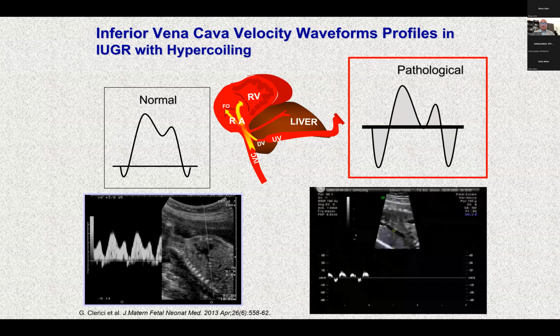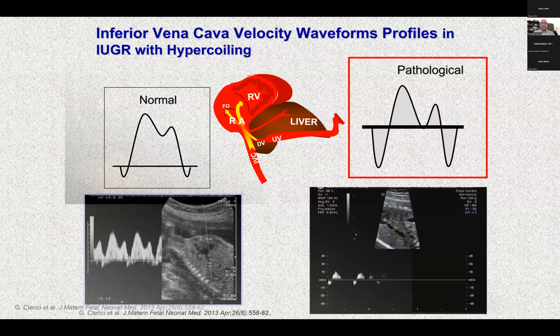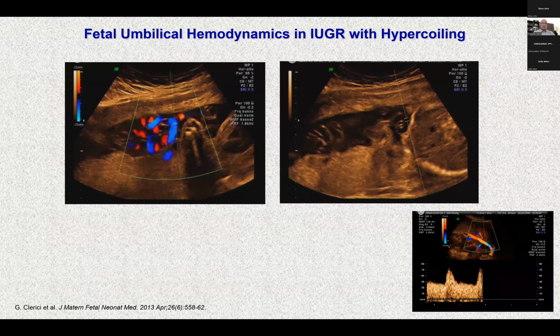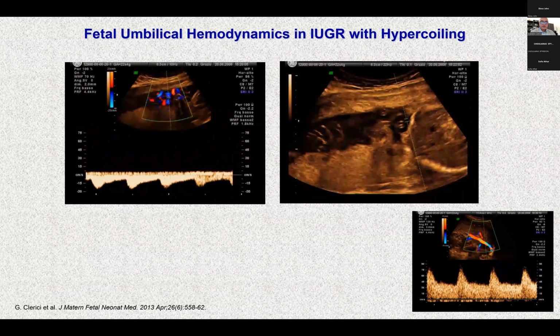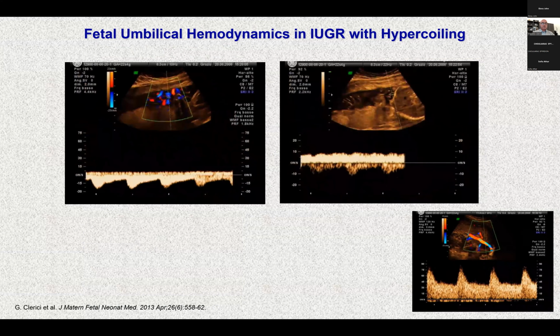I was checking also the inferior vena cava. Again, you can see here the reduction in the forward flow and very evident reverse flow during atrial contraction. So it was very strange for me, inexplicable what happened in this situation.